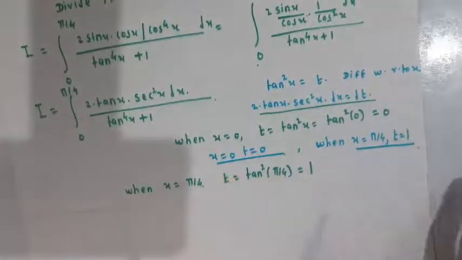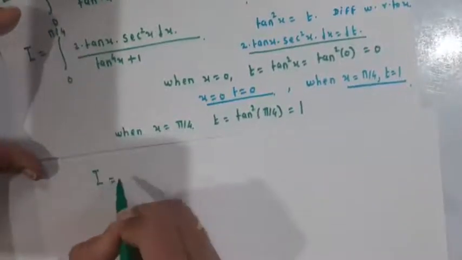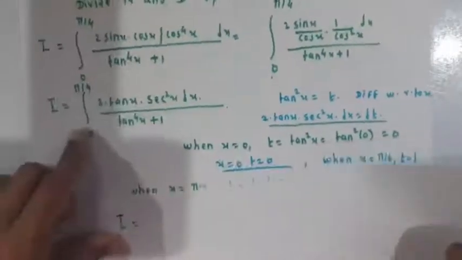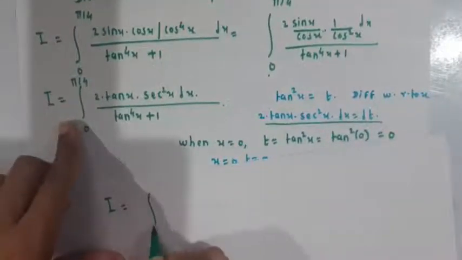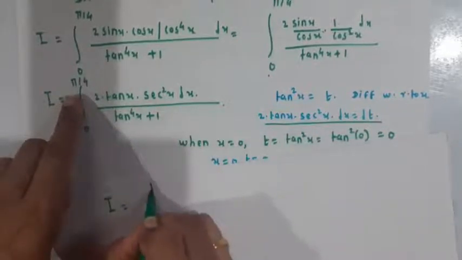According to this, we will change the limit of the required integration. Now let our required integration I equal to, with limit of integration 0 to pi by 4: at x equal to 0, t is also 0, but at x equal to pi by 4, t is 1.